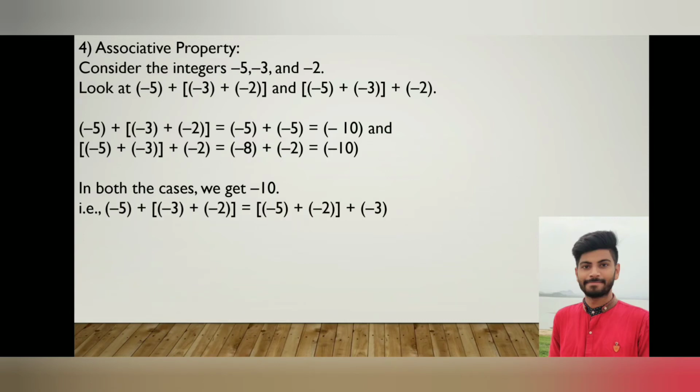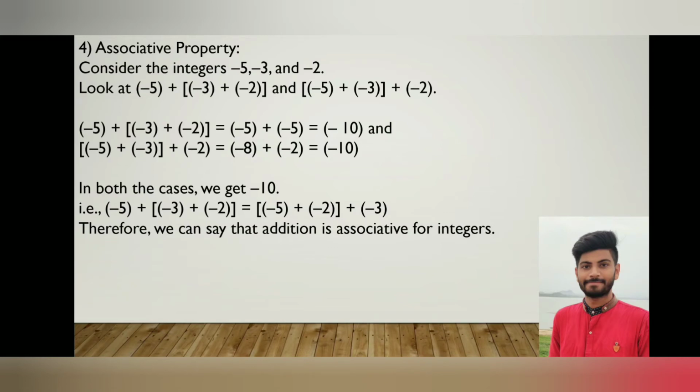Similarly, minus 5 plus, in brackets, minus 3 plus minus 2 is equal to, in brackets, minus 5 plus minus 2, plus minus 3. So you can add any two integers first in addition of integers. This property is the associative property. Therefore, we can say that addition is associative for integers.